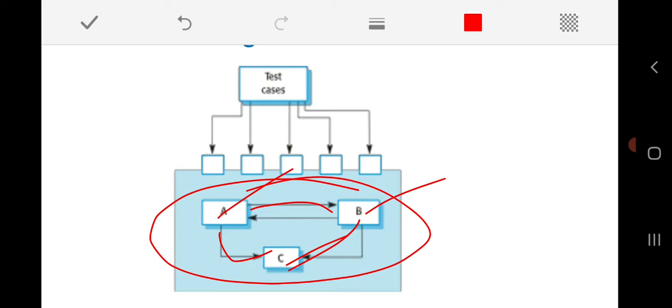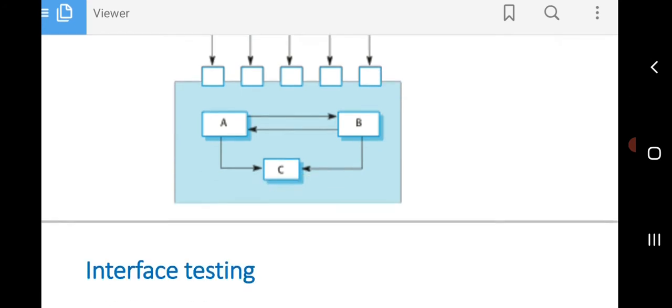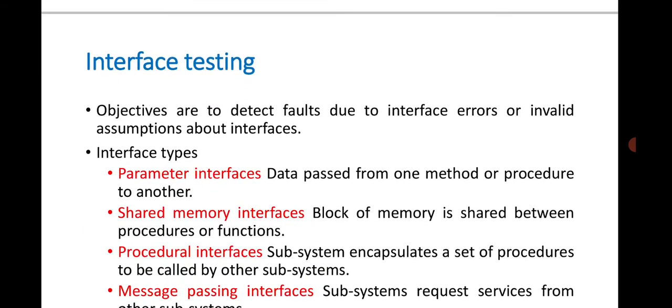Or you can think of how one component may be interfacing with another component. So it may be an object to an object within a component, or one component to another component. As we said, in component testing we focus on the interface, as interface testing.